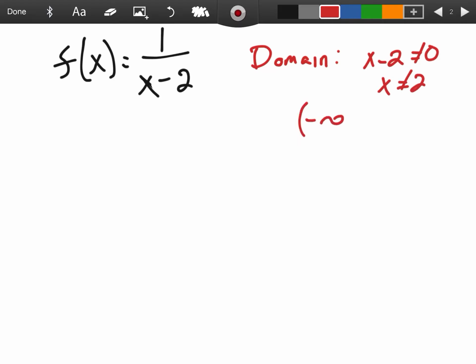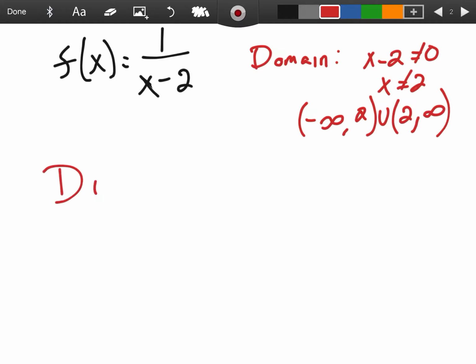That gives us a domain of negative infinity to 2, union 2 to infinity, and obviously we're not including the 2 in either of those intervals. So now the question is, well, what happens at x equals 2? It's going to be a discontinuity. This function is going to have a discontinuity at x equals 2.